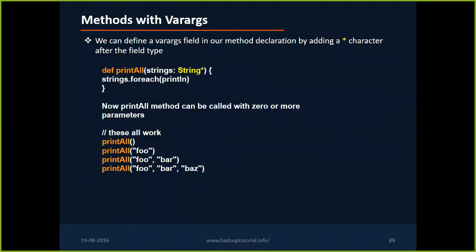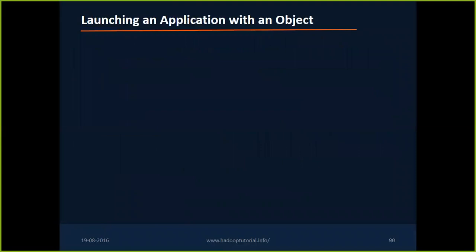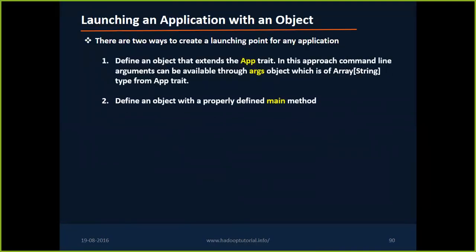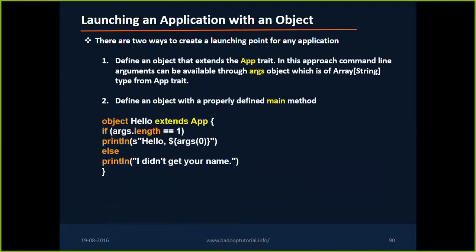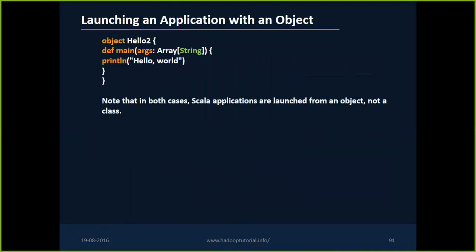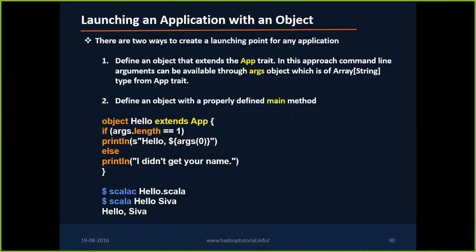Okay, methods with varargs we have seen, and launching an application with an object, either by extending an App trait or by writing a main method inside that object. So both of these ways, either you extend App or implement a main method inside your object.